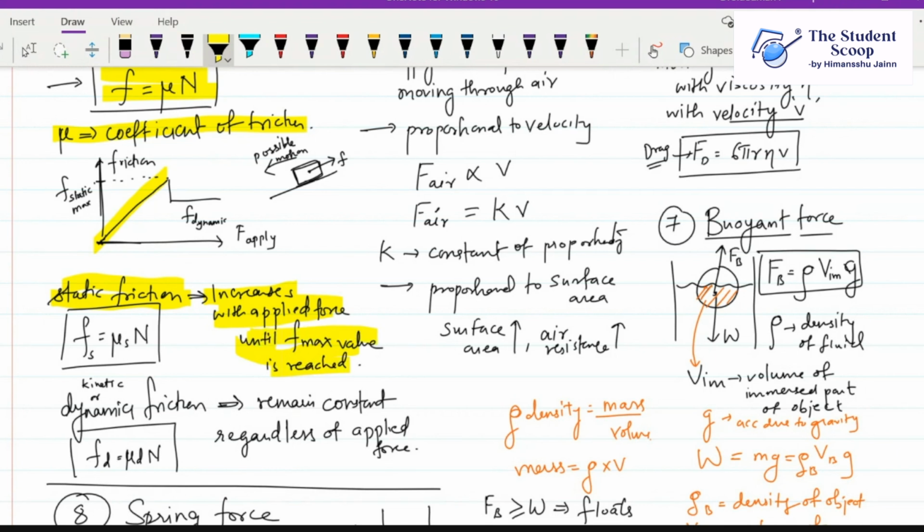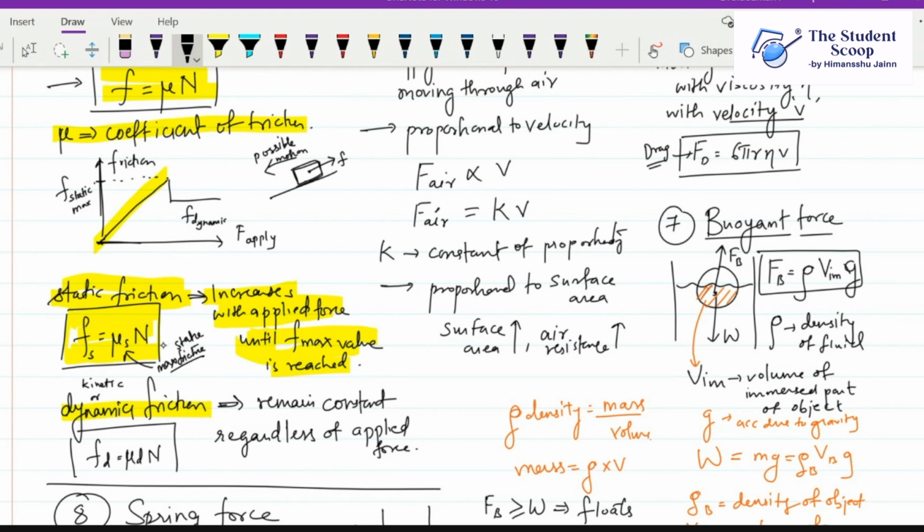Once you reach the maximum value, the object starts moving and it becomes a dynamic friction case. But till then you get this value. So whenever they give you a value of the coefficient of friction for static, it is like a max value. So it is the max static friction that we calculate in most cases.